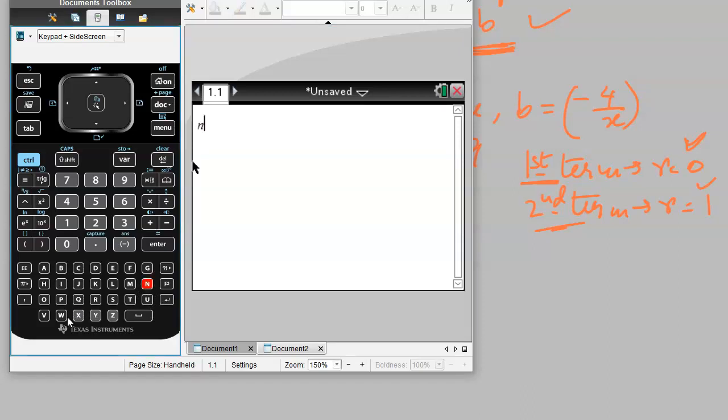So, 30C9 is equal to, it's quite a large number, 14307150.